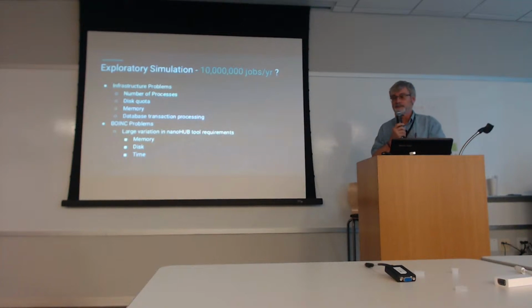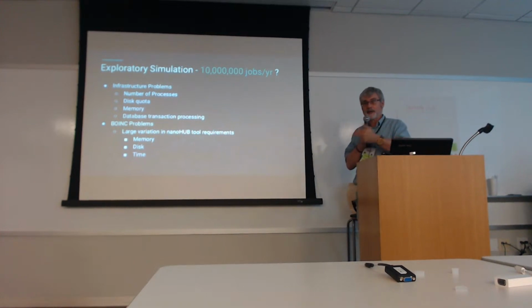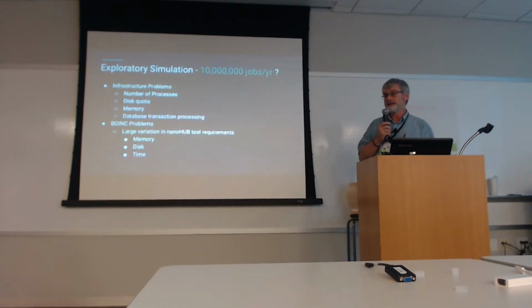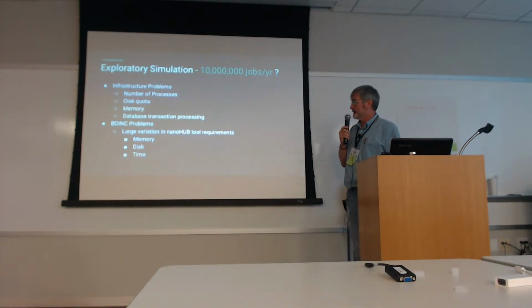Everything else may be the same, so it's hard to predict ahead of time. Maybe that's one of the things we can do with our machine learning processes, to predict this and avoid BOINC time limit, disk limit, or memory limit errors.